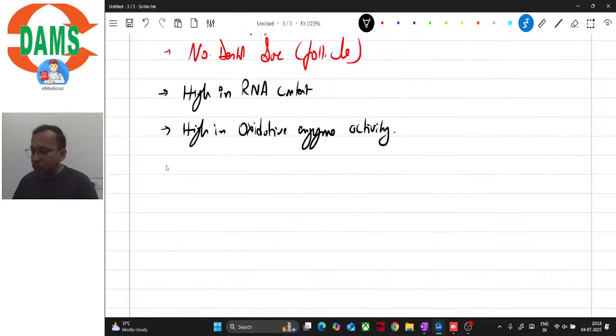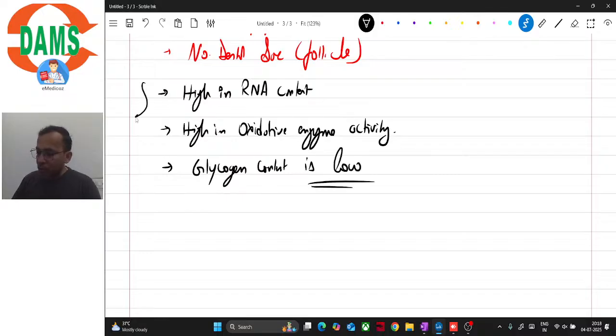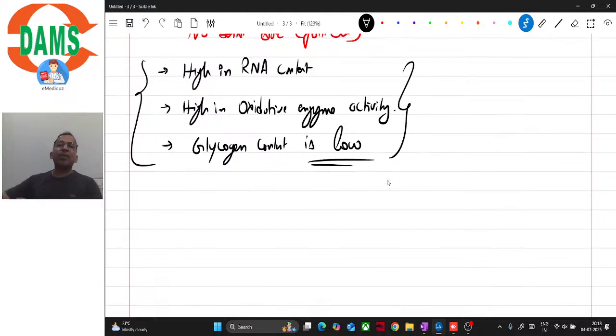There will be histodifferentiation and morphodifferentiation, everything is going to happen soon. They are highly active cells. And the glycogen content is low. You need to remember these three features of the cells at the tooth bud stage: high RNA content, high oxidative enzyme activity, but low glycogen content.